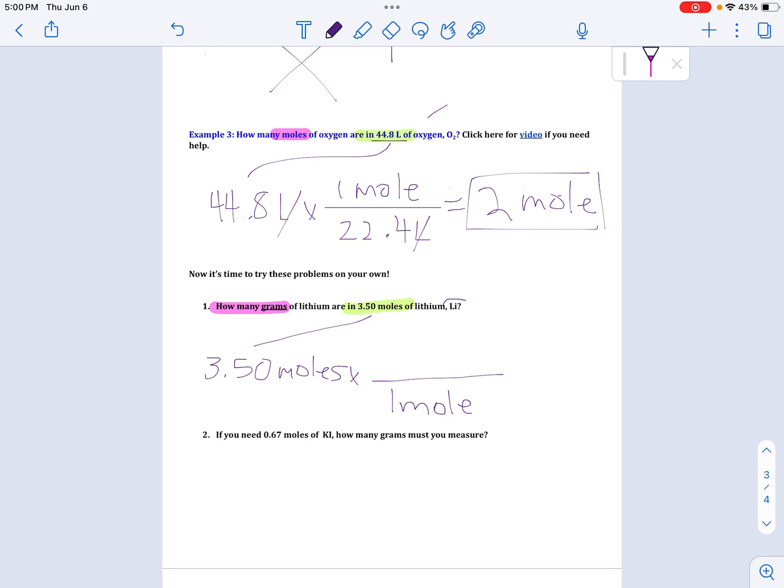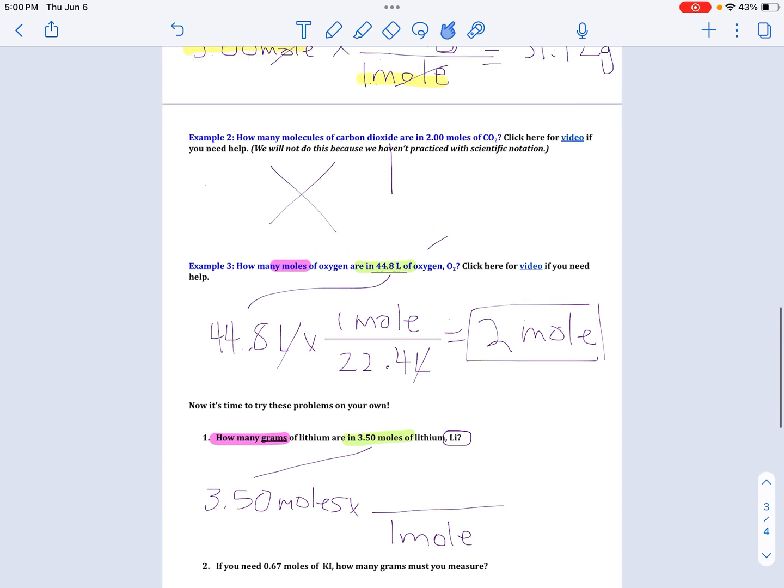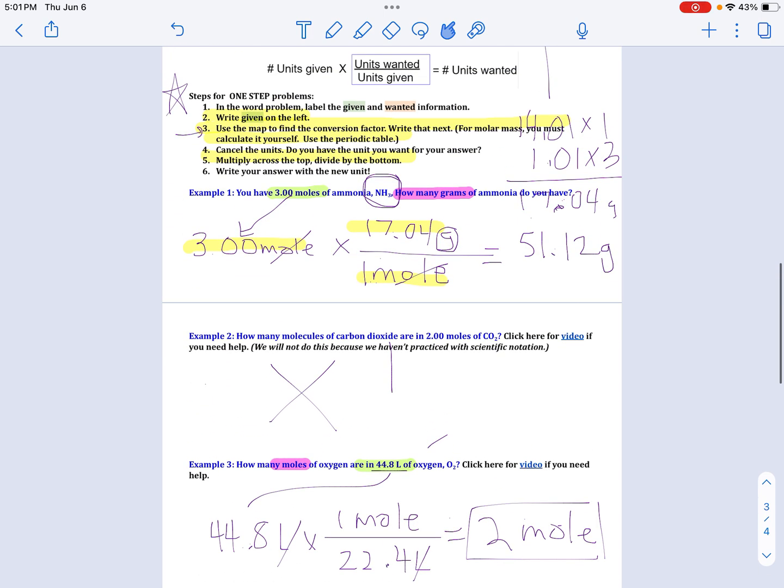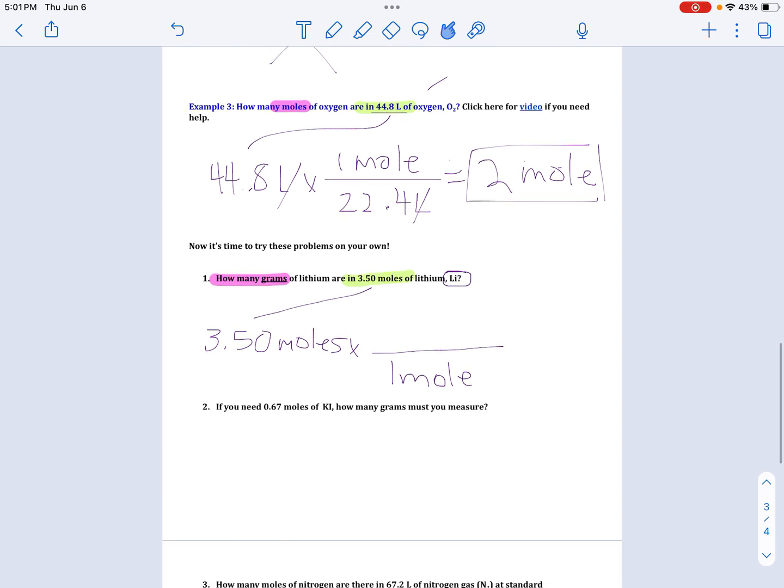Now, the molar mass this time is lithium. Remember, before we did the molar mass, it was NH3, so we had to add all those pieces. This time it's just an element, lithium. So when I look at my periodic table, I see that lithium says 6.94 for the molar mass. So I'm going to put 6.94 here. And then my moles cancel. And now I'm going to multiply across the top.